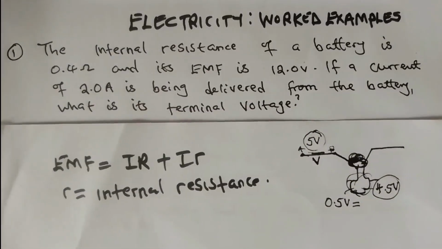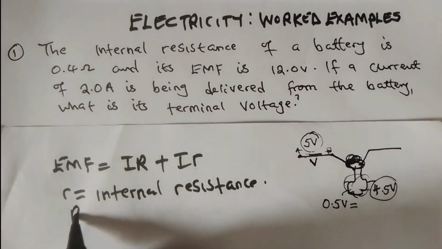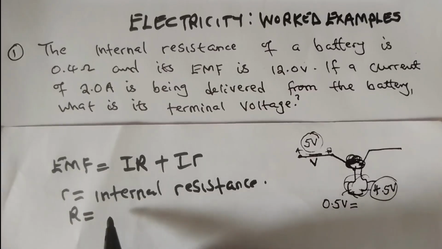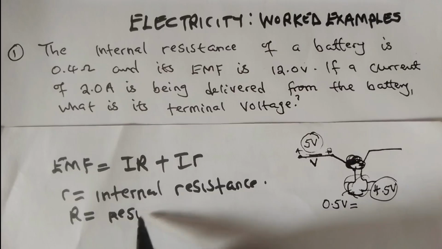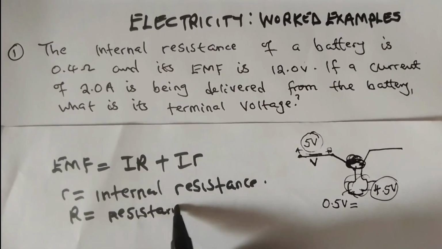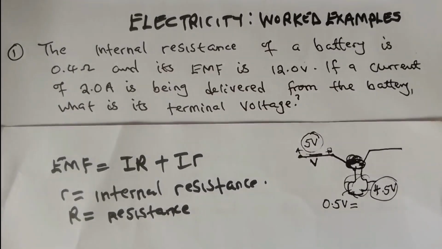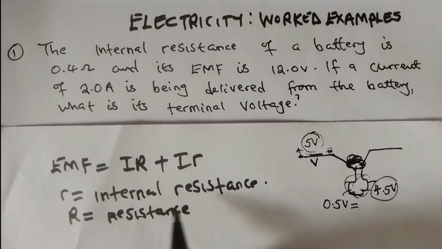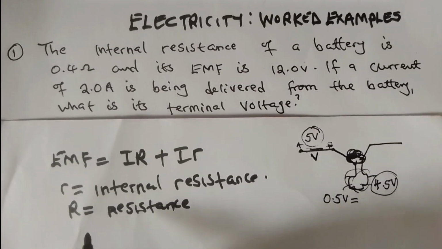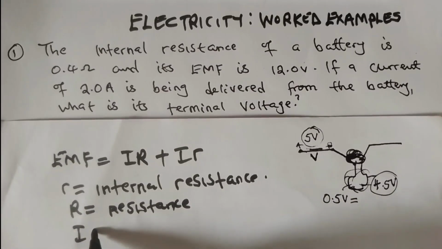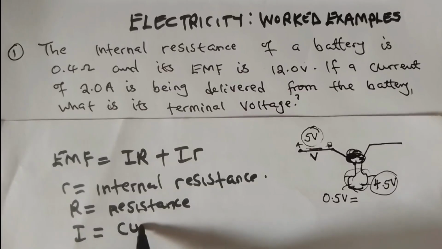We know that our capital R is just the normal resistance, and I is the current.